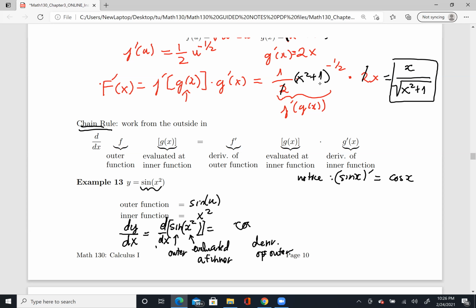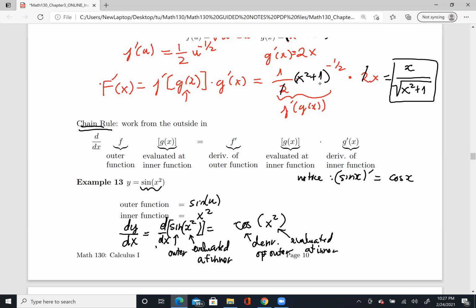So I write cosine over here, which is the derivative of outer, and then together with it evaluated at inner, which is x squared. So evaluated at inner.